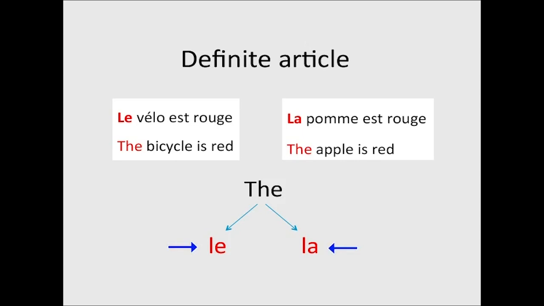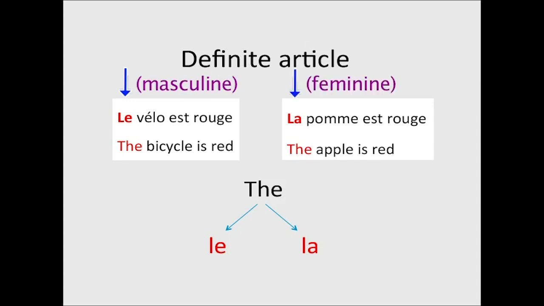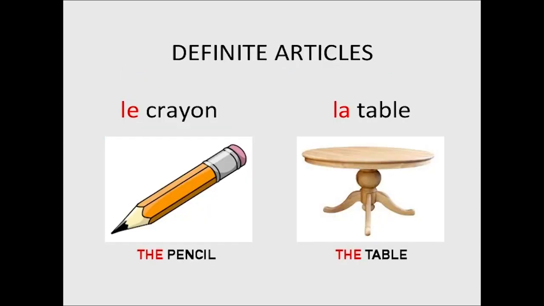It is the gender of the noun following the article that determines whether it should be le or la. If the noun is masculine, we place le before it, and if the noun is feminine, we place la before it. Let me give you another example.